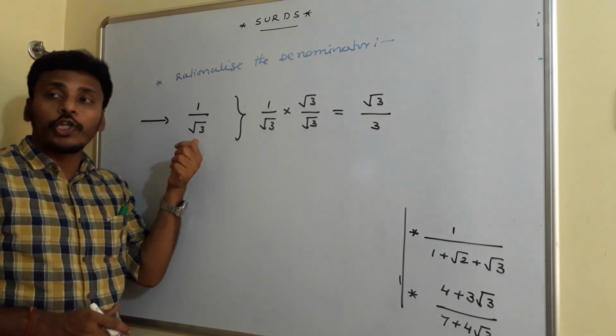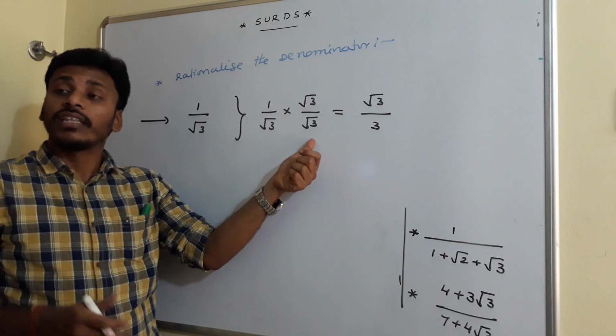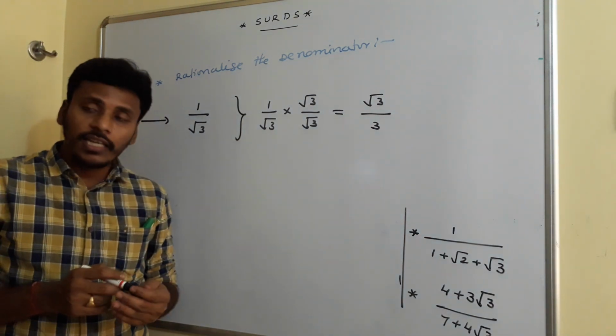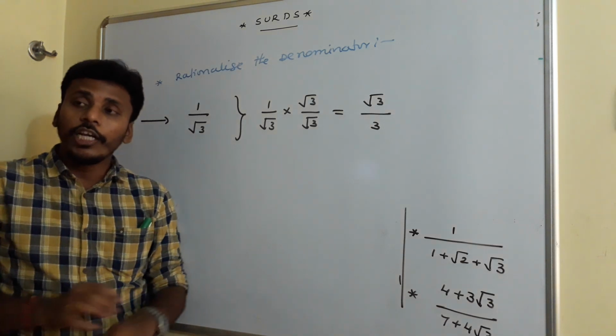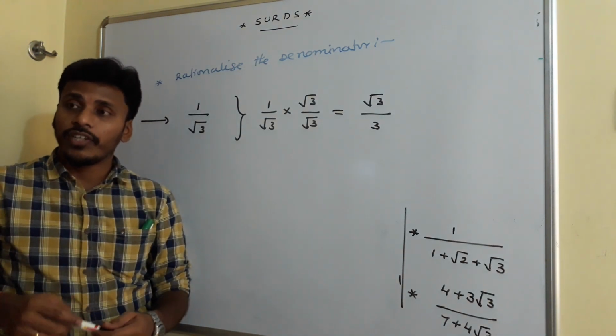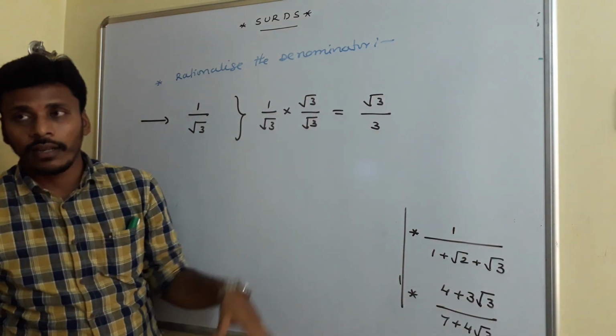To make this denominator rational, you need to multiply both numerator and denominator with the rationalizing factor of the denominator. Because we are thinking about the denominator, we need to make the denominator rational. Since we need to make the denominator rational, you need to multiply with the rationalizing factor of the denominator, root 3.